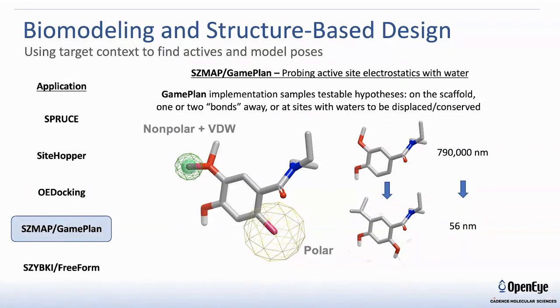And by using the information that falls out of both SHMAP and GamePlan, it enables you to develop some testable hypotheses for modifications that you can make to your lead scaffold. And in some published instances, has led to multiple fold improvement in the activity of the molecules that are being built and designed.